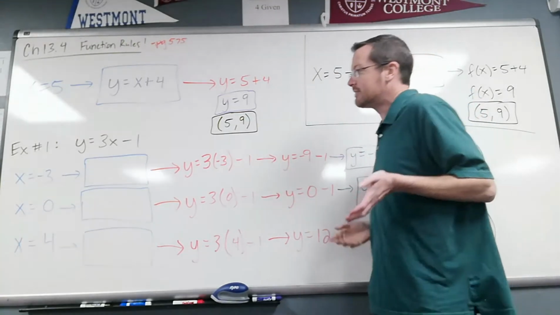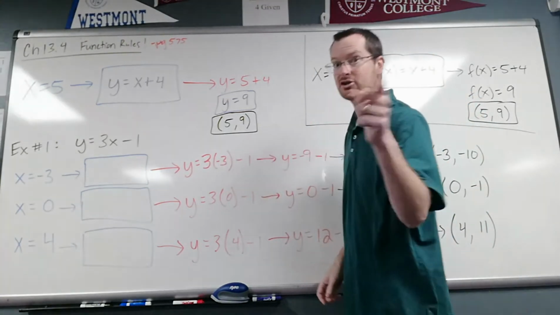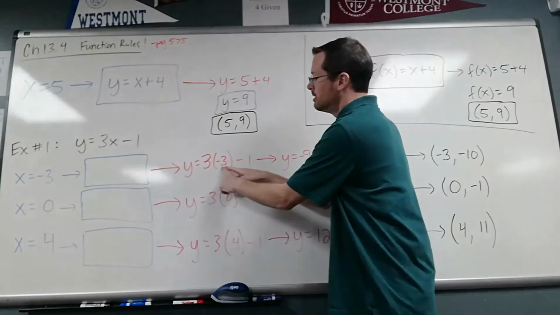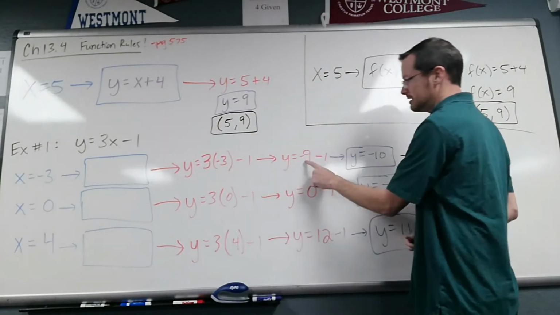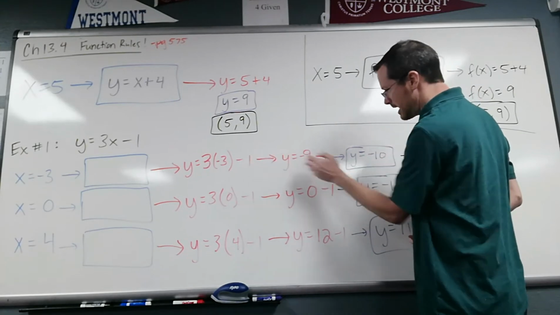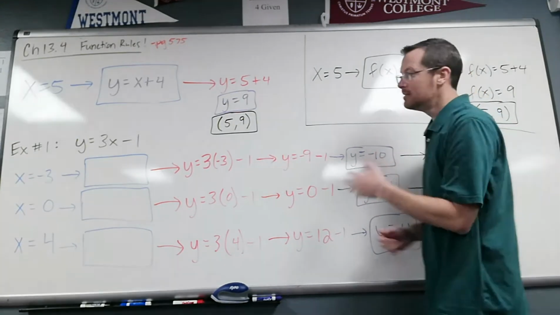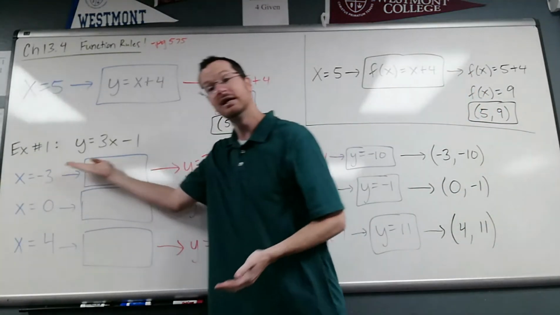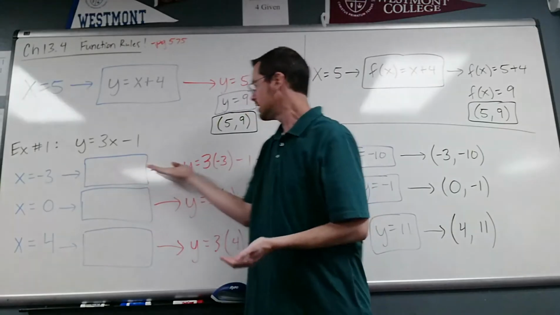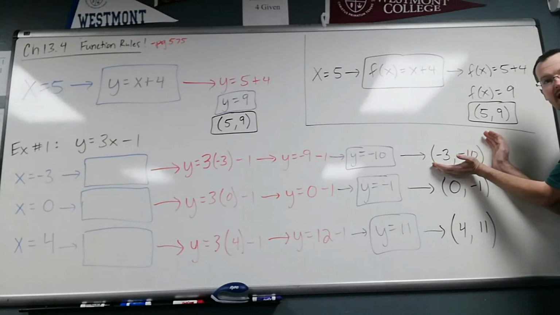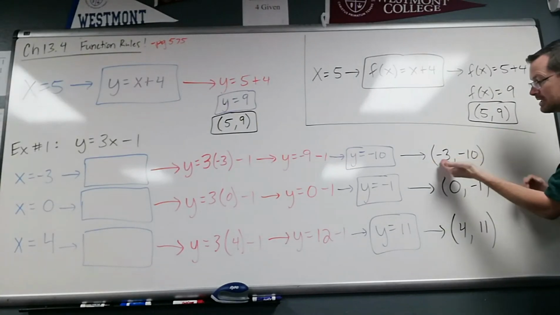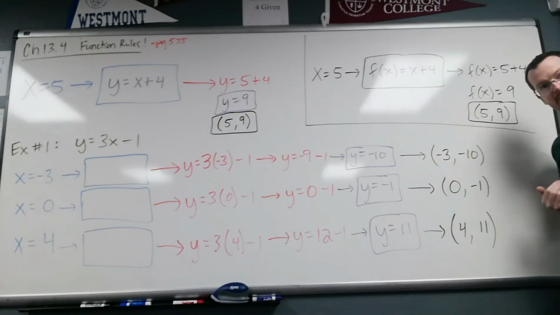If you plug that negative 3 in for your x value, x is always your input, and then you multiply 3 times that negative 3, right? You're going to get negative 9. And when you subtract the 1 from it, you're going to get negative 10. Meaning that when you plug this negative 3 into your function box, out comes a negative 10. So you could write that as a coordinate, negative 3, comma, negative 10.